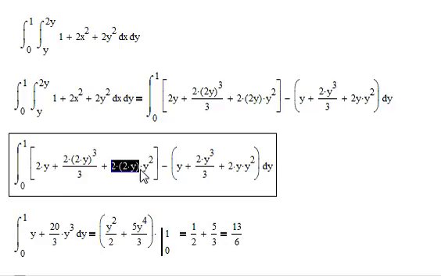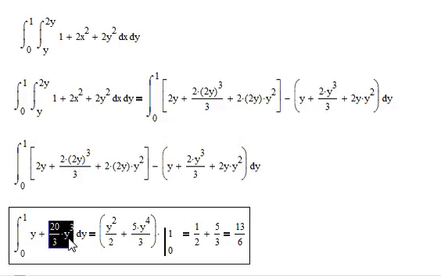I got 4y cubed here, and this is like 16/3 y cubed here. 4 is how many thirds? 4 would be 12/3, and 16/3, that's 28/3, but here we're going to say minus 2/3, and then plus this 6/3, so 28/3 minus 8/3, that would give us 20/3 y cubed.